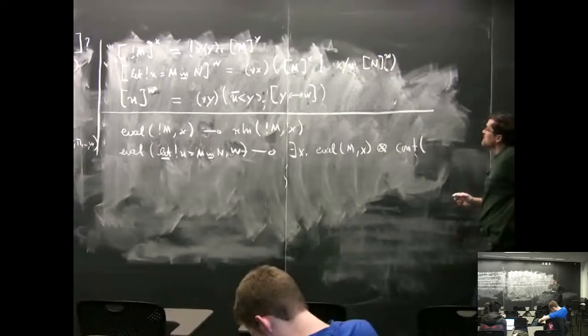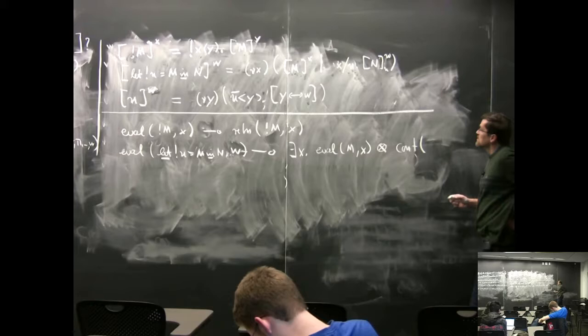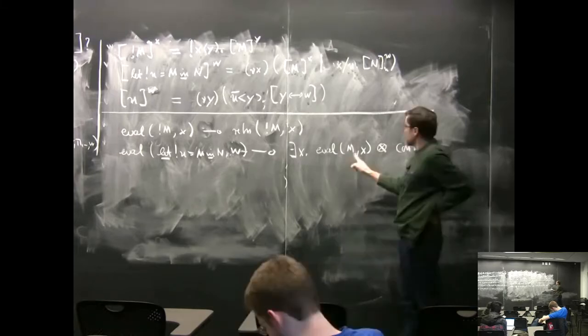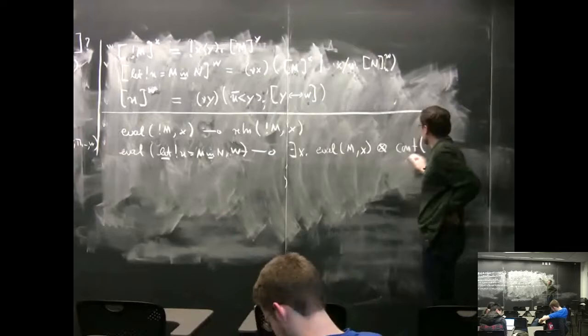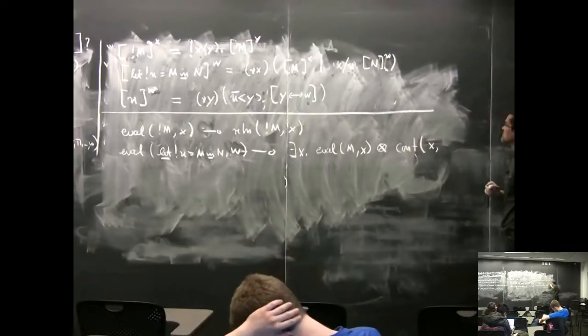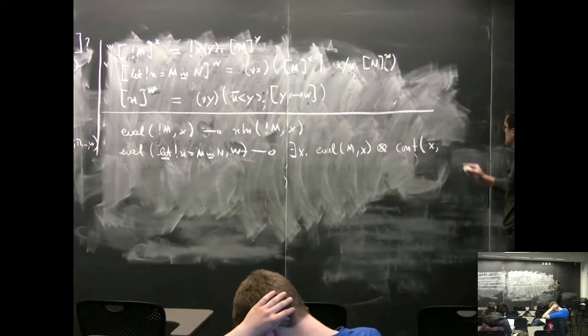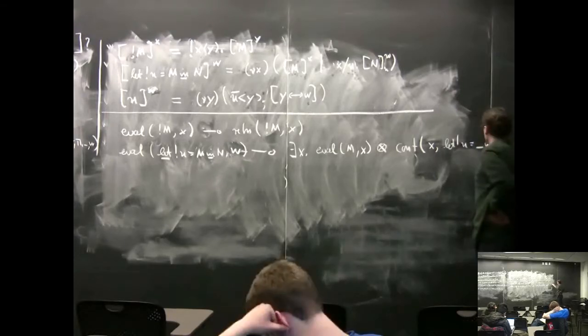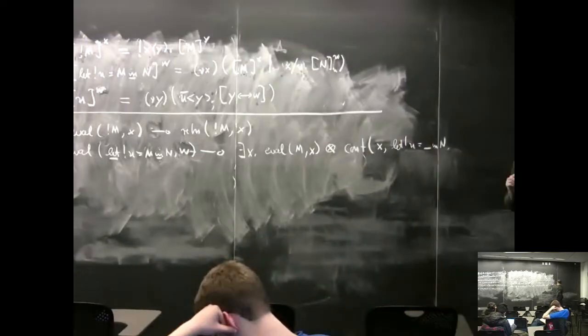What is it waiting on? Not quite. U isn't even free in this because this binds u. It has to wait on x, because we evaluate m with destination x. What is it supposed to do when it gets its value? Well, say let bang u equals blank in n.